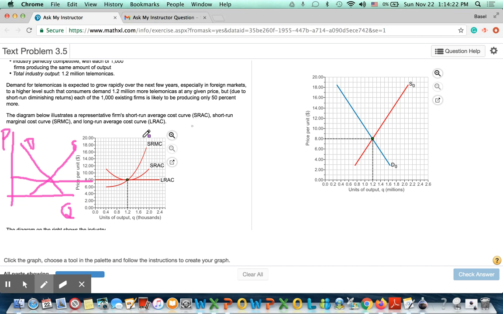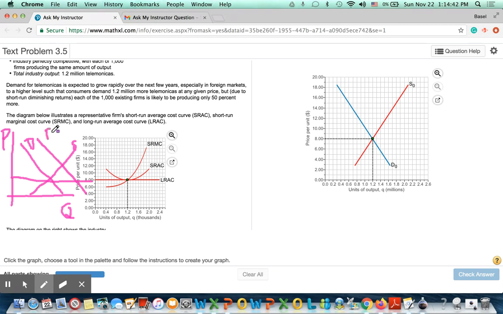So the question says, for some reason, we have an increase in demand. So the demand curve increased, and from chapter 3 we learned that we can represent that increase in demand by shifting the demand curve to the right.